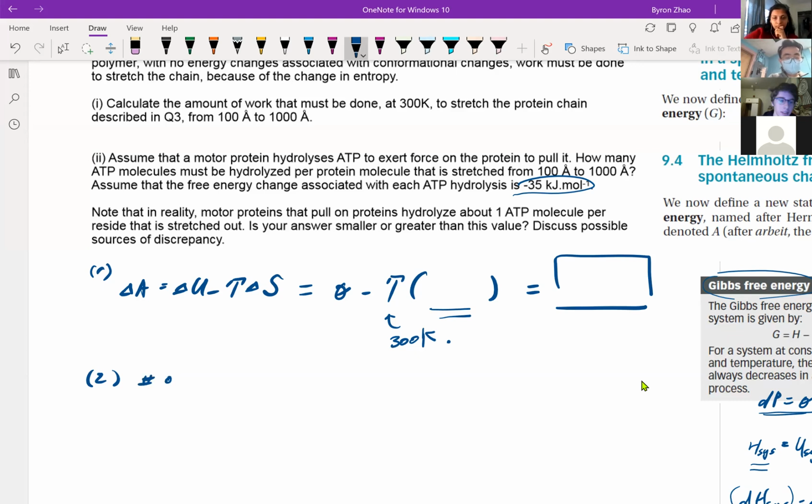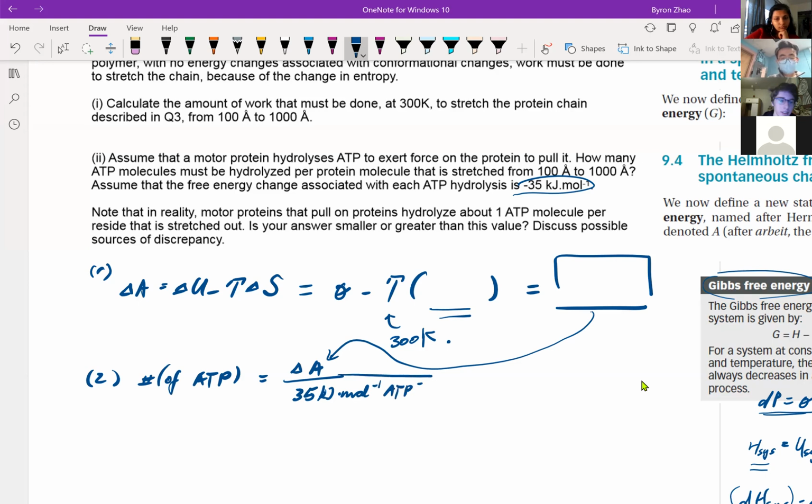Number of ATP molecules is equal to delta A, which is the number you calculate right here, divided by the energy absorbed by your polymer, 35 kilojoules per mole per ATP molecule, right? And as you know, delta A is going to be in kilojoules per mole.